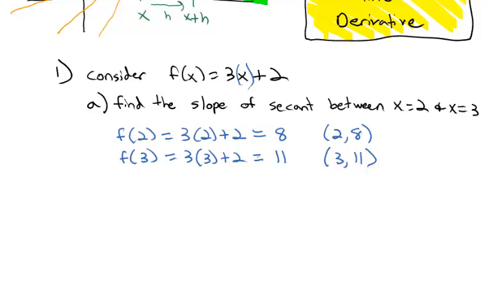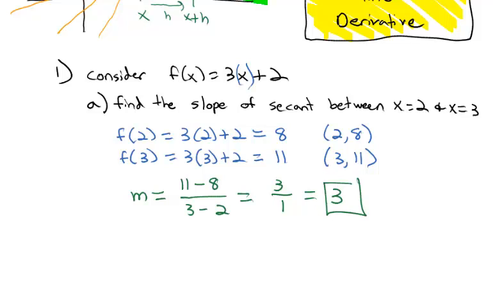And so if we want the slope of the secant line, we've done slope a ton before. It's y2, 11, minus y1, 8, over x2, 3, minus x1, 2. And 11 minus 8 is 3, 3 minus 2 is 1, and 3 over 1 is equal to 3. This is the slope of the secant line between 2 and 3.